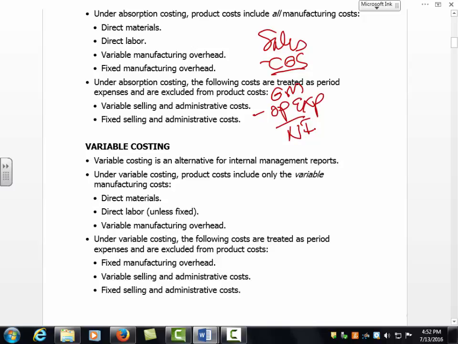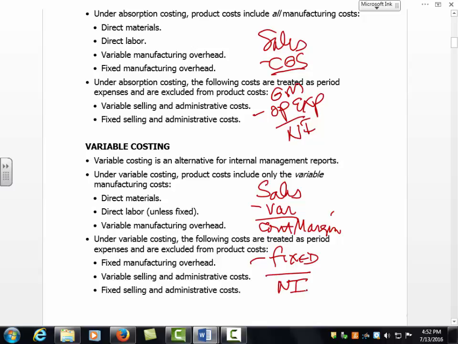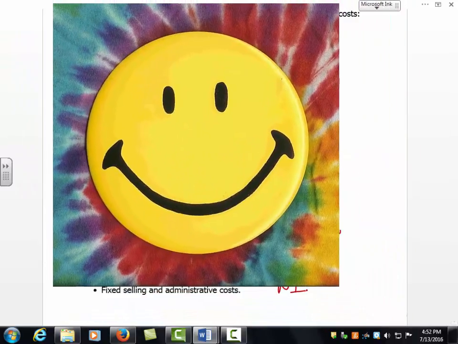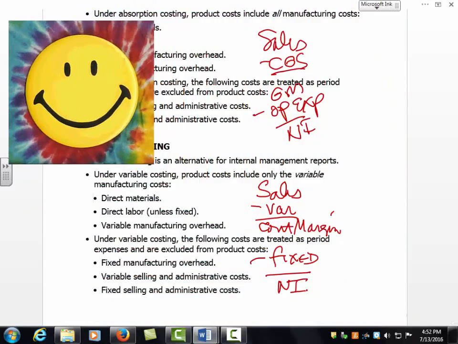What we're going to do now with variable costing is say sales minus variable is contribution margin minus fixed is net income. And again, I apologize for my writing. I'm writing on a screen that's at a tilt, and this is the best I can do.